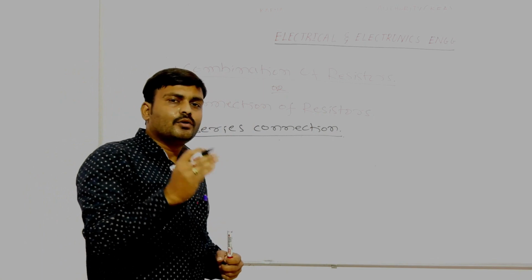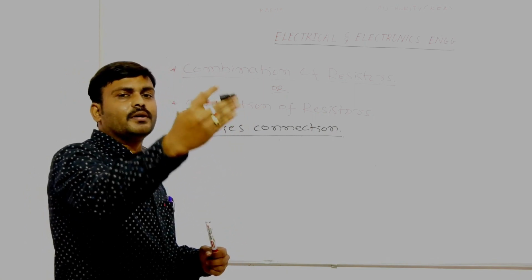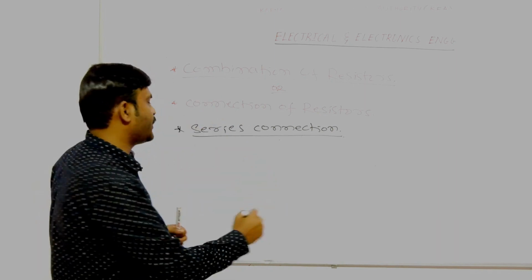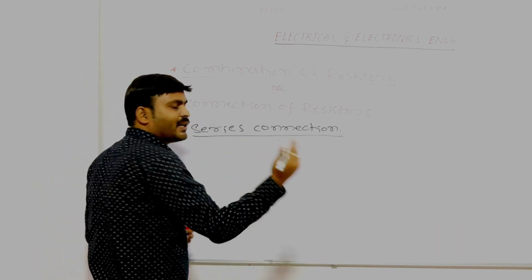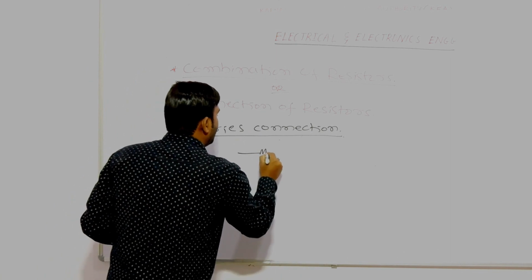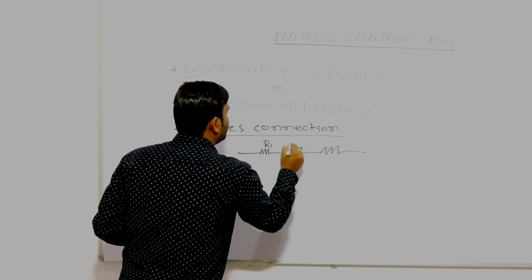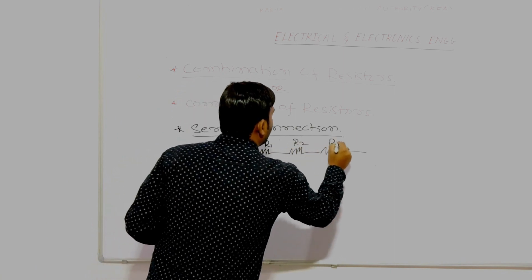So if we connect two resistors or any number of resistors in a series, then it is called a series connection. Consider three resistors, R1, R2, R3.